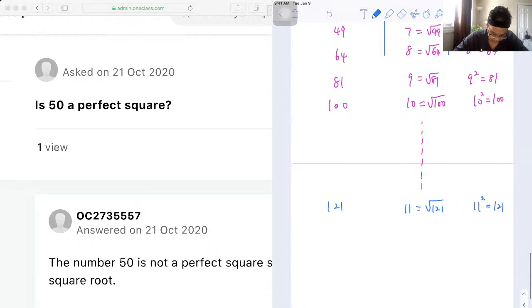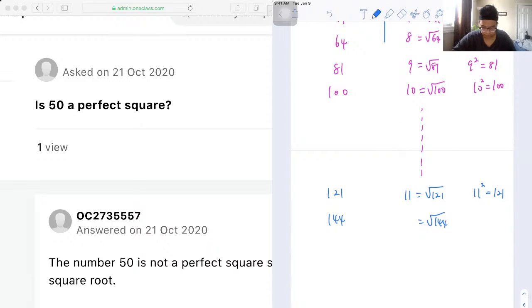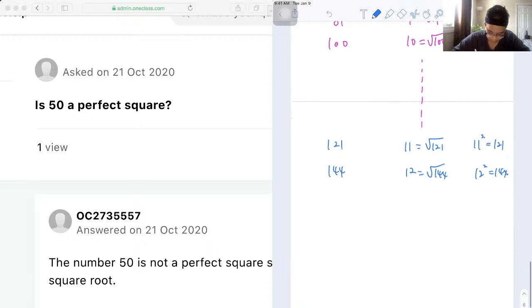And let's just do a couple more. 144, the square root of 144 is equal to 12, and 12 squared is just 144. And let's say 225. If we take the square root of 225, it's going to be equal to 15, and 15 squared is equal to 225.